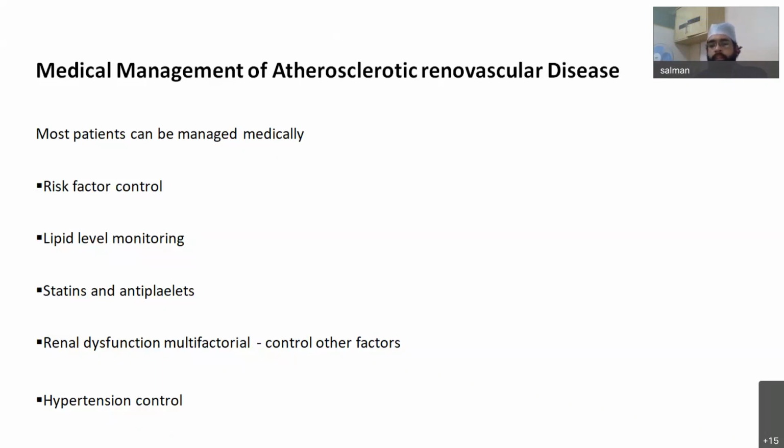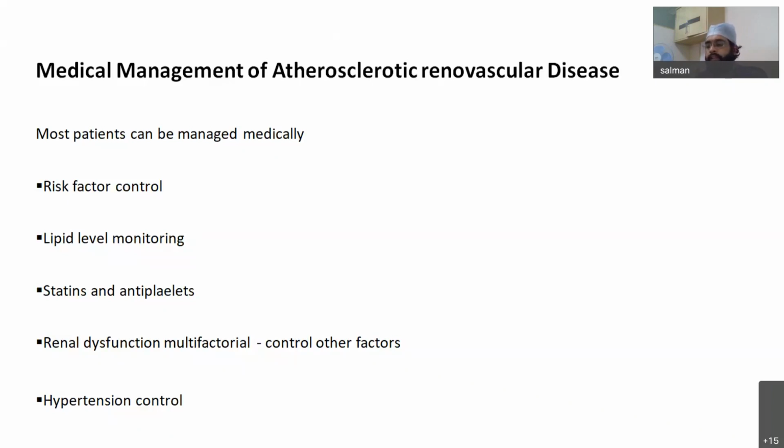So these ACE inhibitors or ARBs should be cautiously used in patients with bilateral renal arterial stenosis, and creatinine monitoring and EGFR monitoring should be done in these patients, as they can cause a sudden decrease in the EGFR.